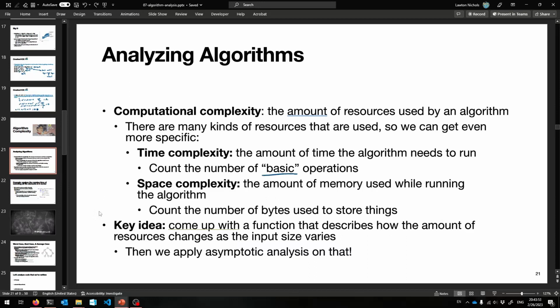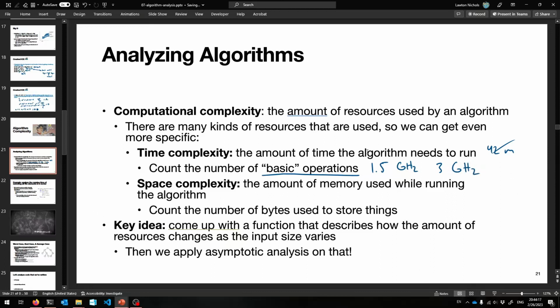Those are the two most common ones. And the reason we count operations and we don't use wall clock time, we don't say, oh, my program took 42 minutes, is because you can run your program on your phone as well as on your laptop or your desktop. And those have different clock speeds in their processors. A 1.5 gigahertz processor is going to run the same program twice as slow as a 3 gigahertz processor, assuming they're the same type of processor.